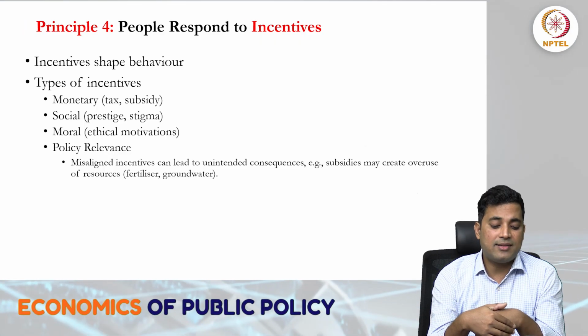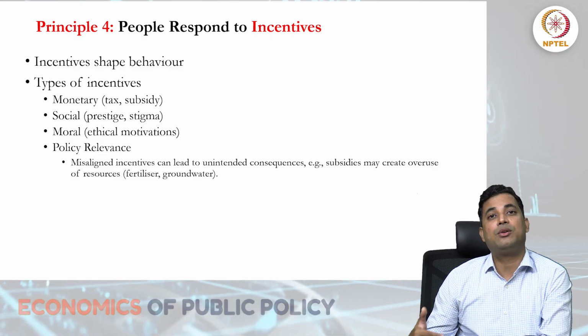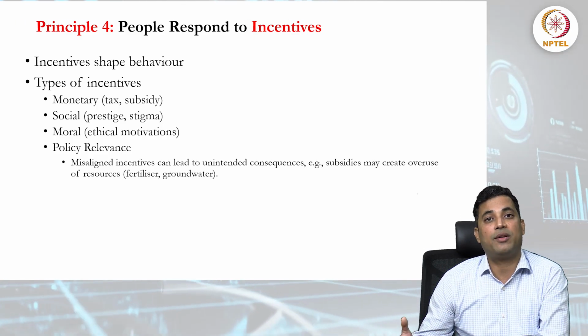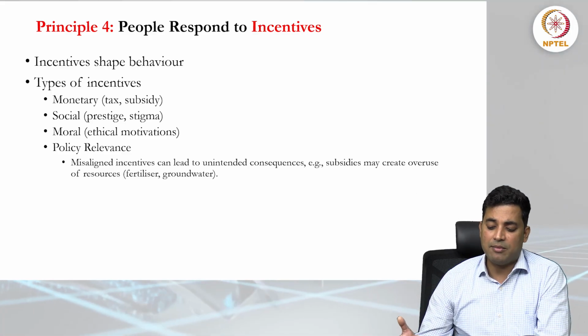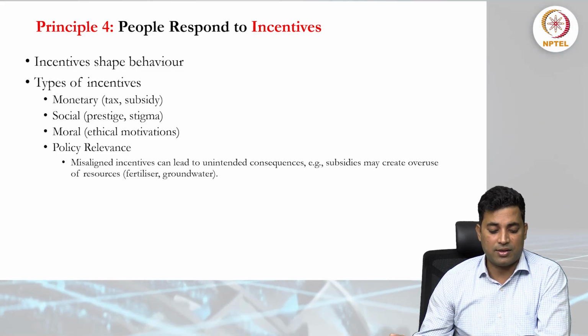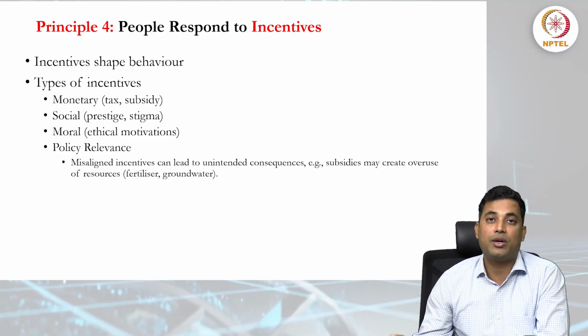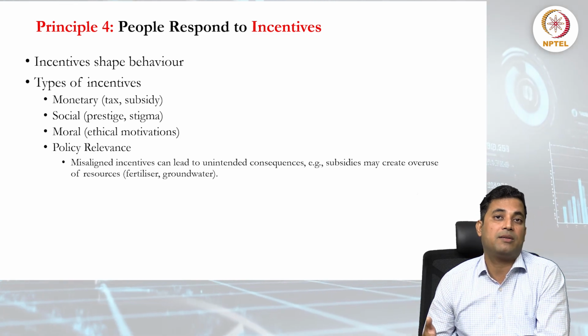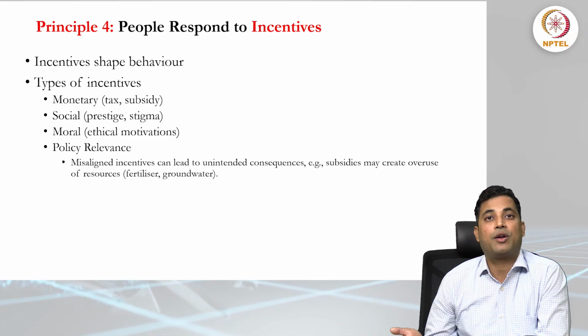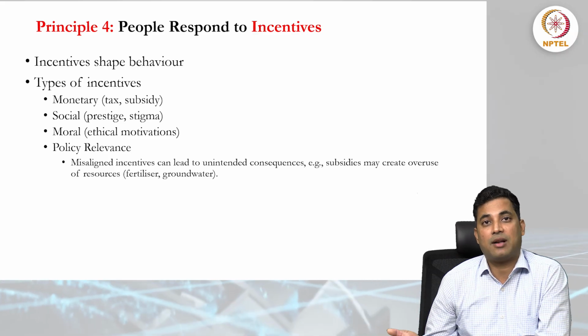So here, misaligned incentives can lead good policy to bad policies. For instance, subsidies may create overuse of resources like fertilizers and groundwater, and that has implicit and explicit costs on the overall environment, and of course climate change.